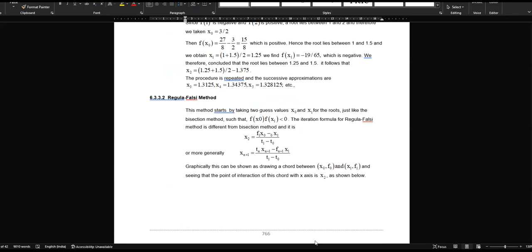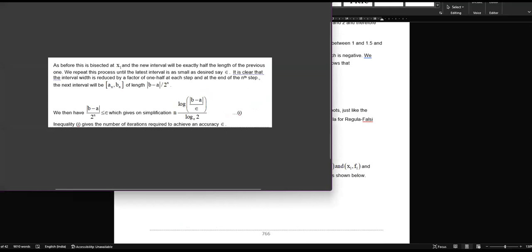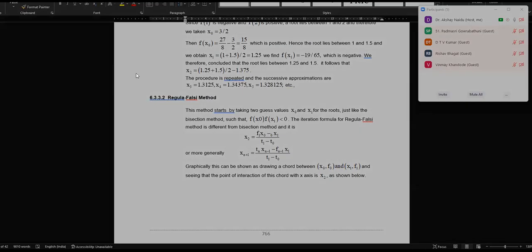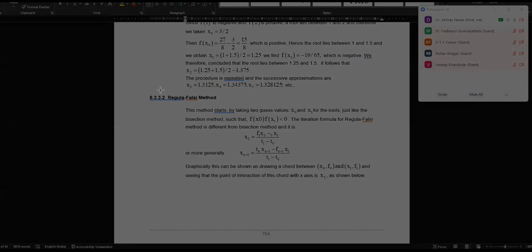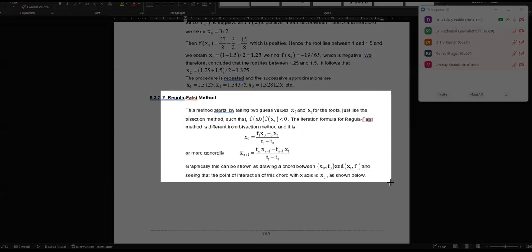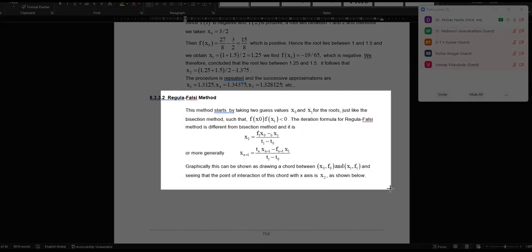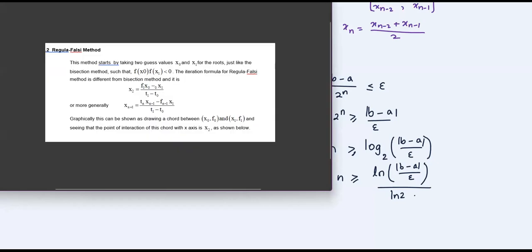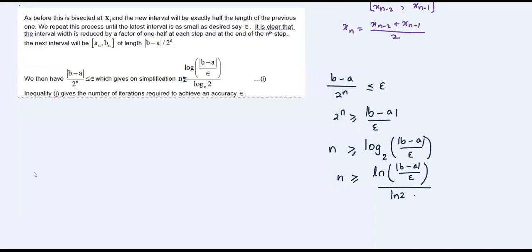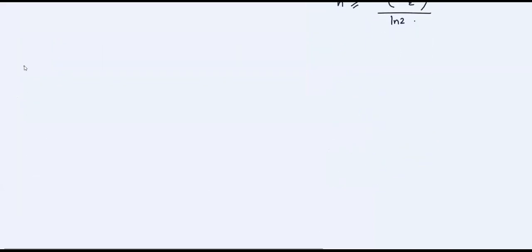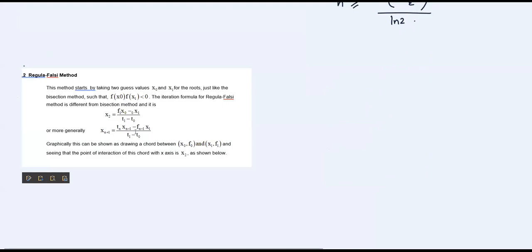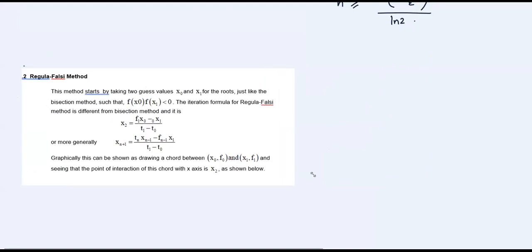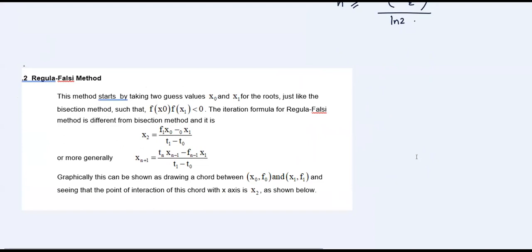We will see this. So these are the iterative steps that are given. This is called the false position method or regula falsi method.